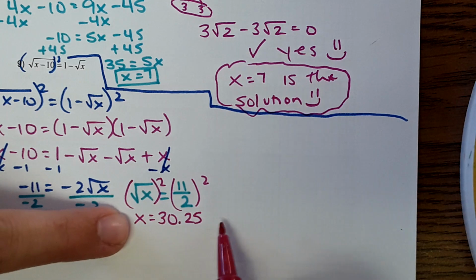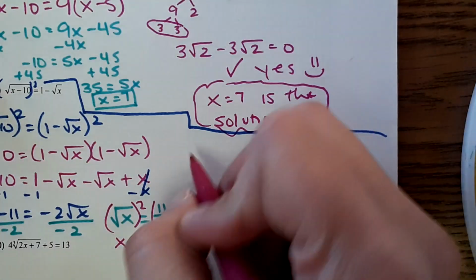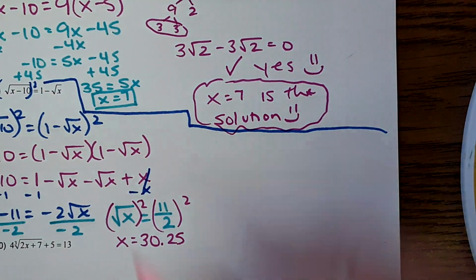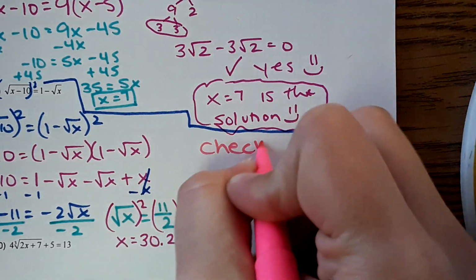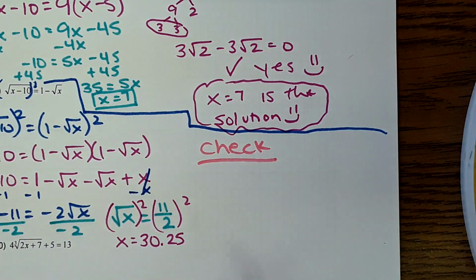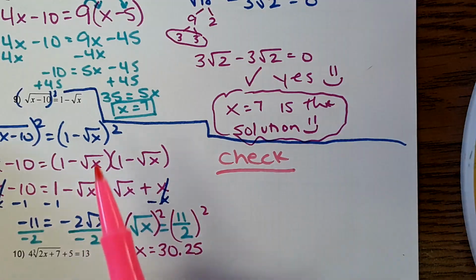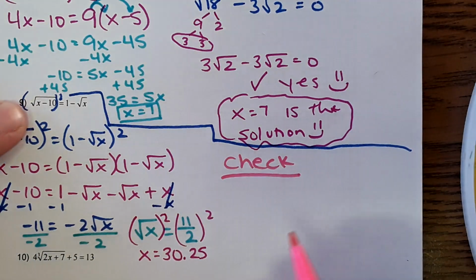Okay, so we get x equals this number. Then because we have the two radicals, we do have to check our work. So the check process is where we just take this and plug it back into the original.